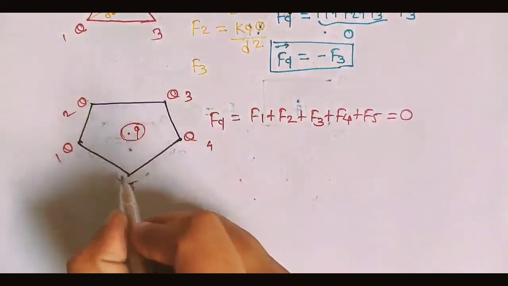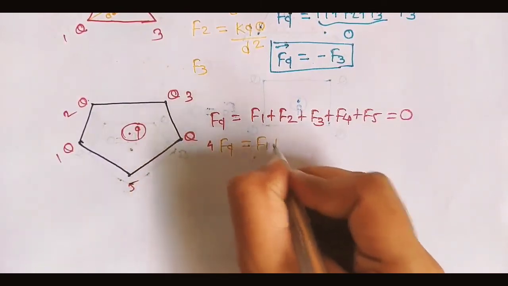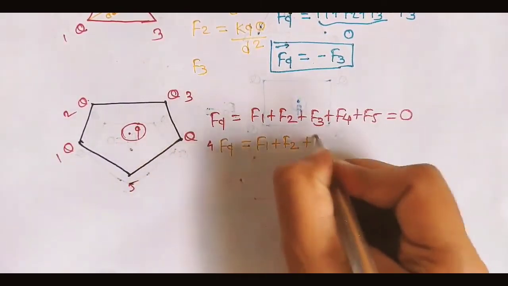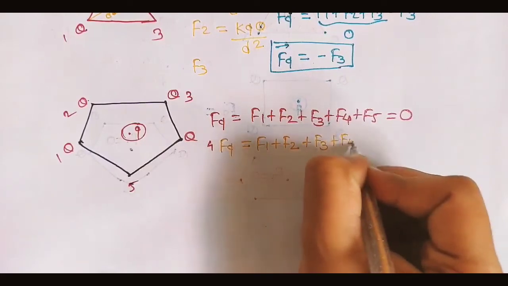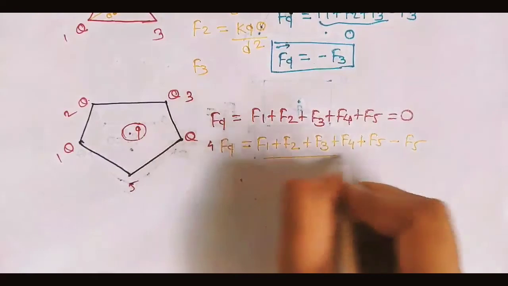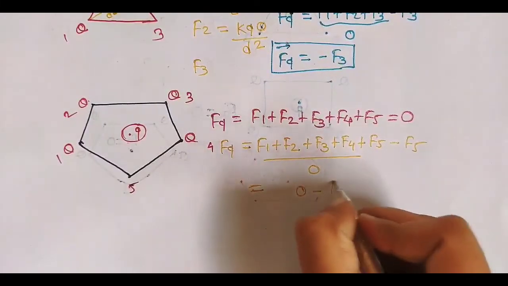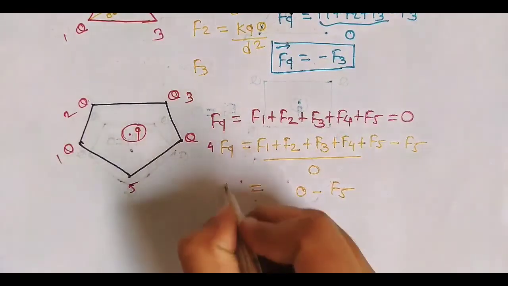But here F5 is removed, so we can write Fq is equal to F1 plus F2 plus F3 plus F4 plus F5 minus F5. So this is 0 minus F5, which is equal to Fq.